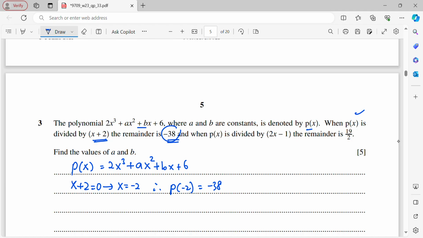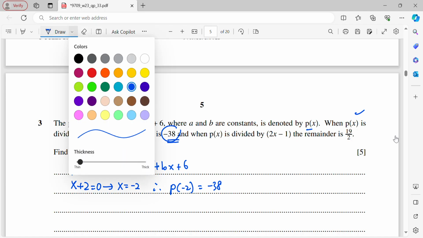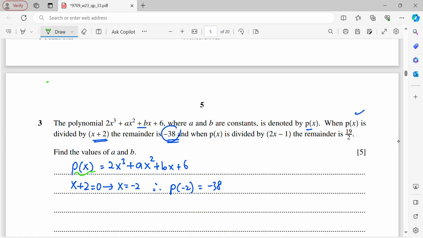Okay, so from here, I will just directly replace. I will replace p(x) by negative 38, and I will replace the x by negative 2. So I will be getting negative 38 equals 2 times negative 2 cubed plus a times negative 2 squared plus b times negative 2 plus 6.